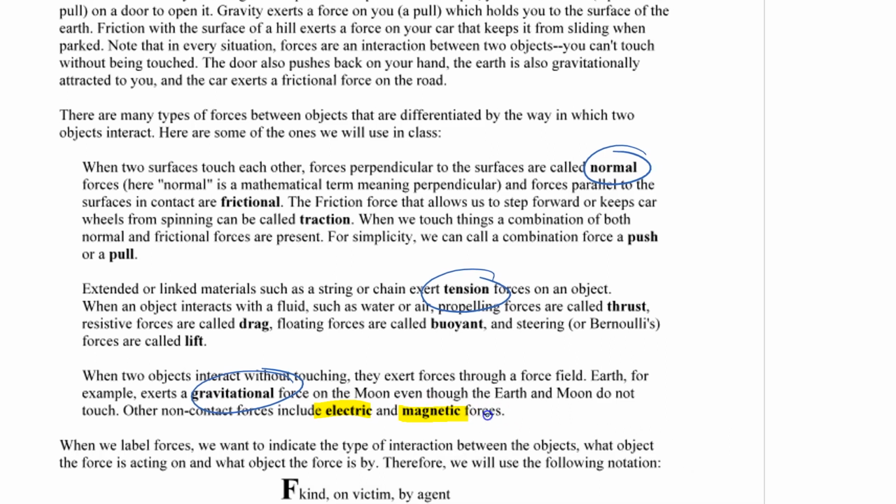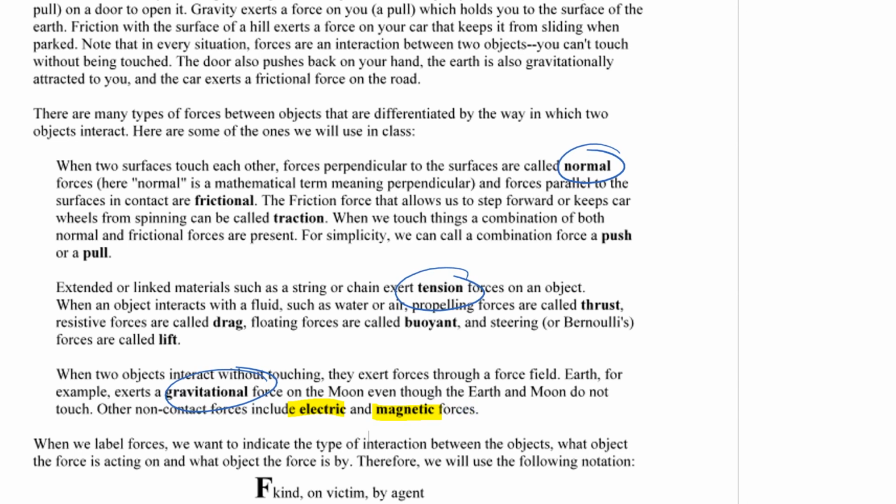Also, when we have, say, an airplane, I'll try to draw my airplane here. If we have an airplane going through air, clearly we're going to have a force of gravity downwards. The upwards force we would call, and it's because of the way that the air goes over the wings, we're going to have a force called lift.